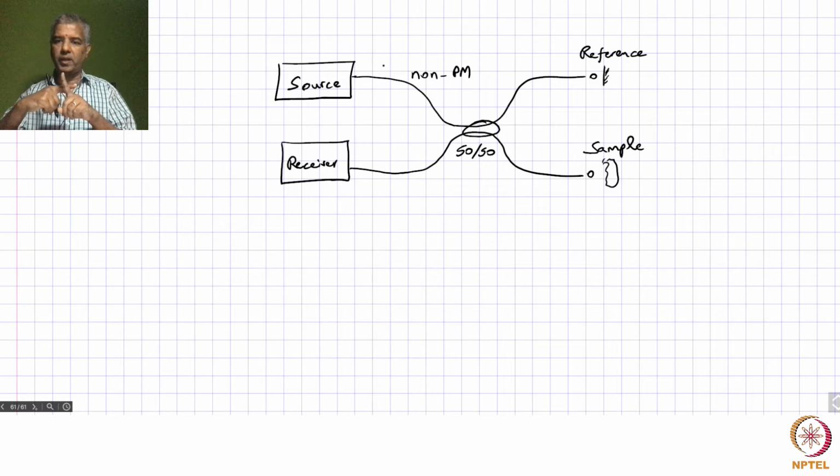Let us say you start with vertical polarization. By the time it goes through this, it might have gone into some elliptical polarization and maybe even some circular polarization, and by the time it comes back, there is no guarantee that the polarization of the waves that are coming back are going to be aligned with respect to each other.